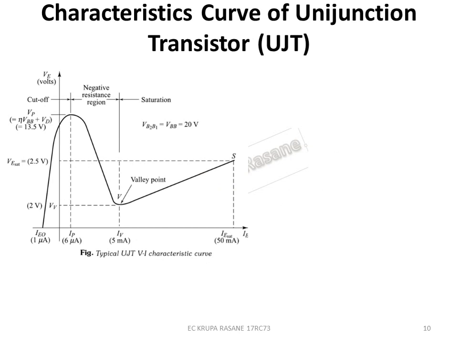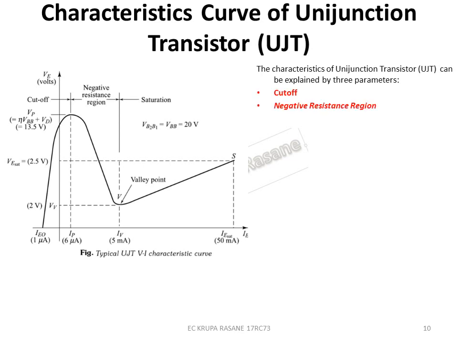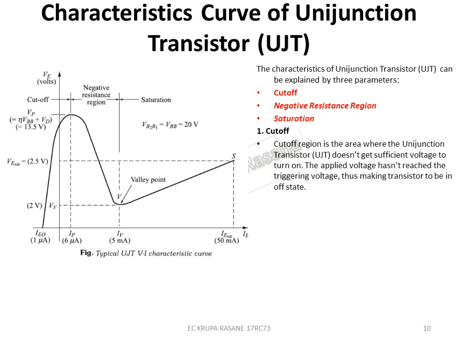So continuing further with the UJT characteristics, the UJT, that is the unijunction transistor, can be explained with three regions: cutoff, negative resistance region and saturation. The cutoff region is the area where the unijunction transistor doesn't get sufficient voltage to turn on. The applied voltage hasn't reached the triggering voltage, thus keeping the transistor in the off state.